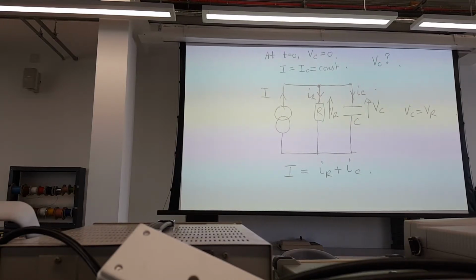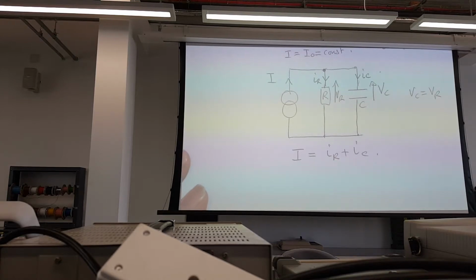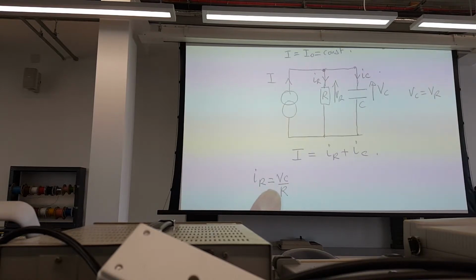Now let's do the maths. The first thing we can write down is that IR equals VC over R, and the reason it's VC over R is because VC equals VR.